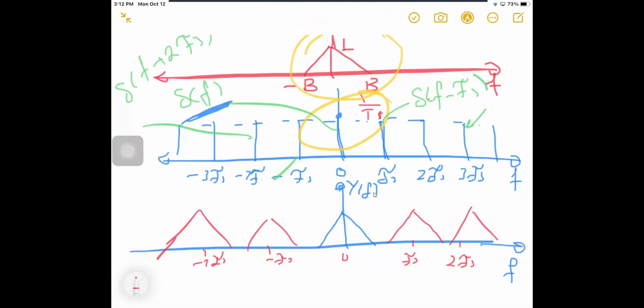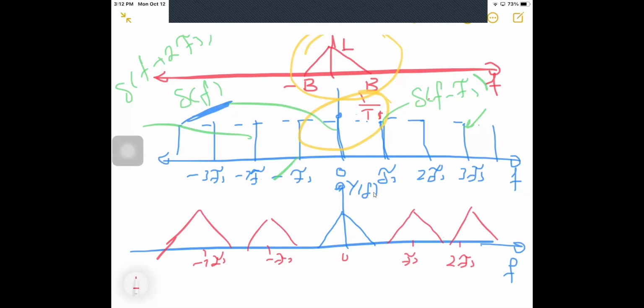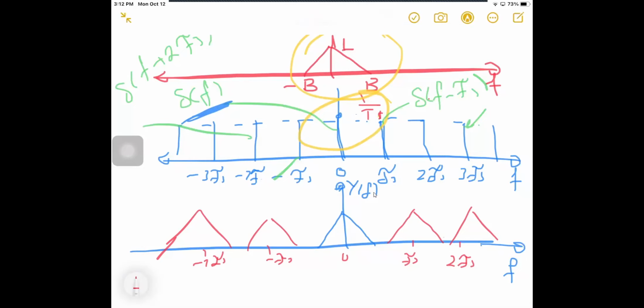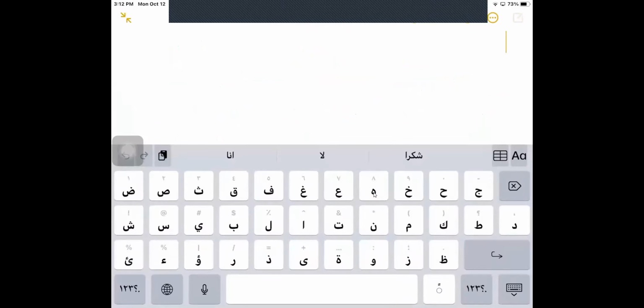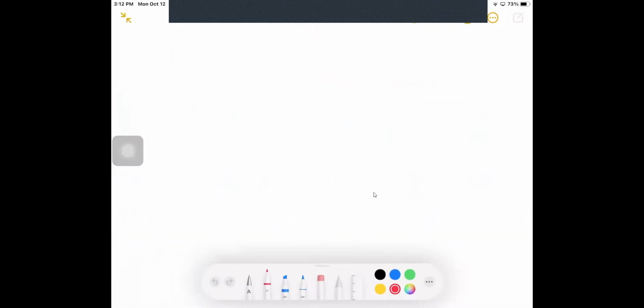To the left side will be minus fs, minus 2fs, minus 3fs, and so on. Based on this idea, we have 3 cases for sampling. Now I'm going to talk about the 3 cases of sampling.